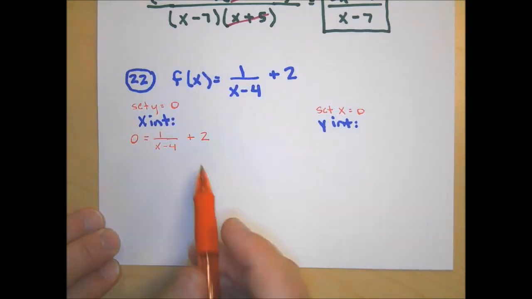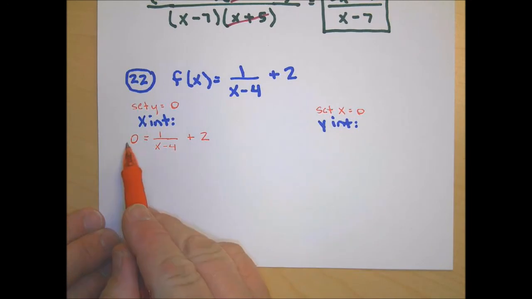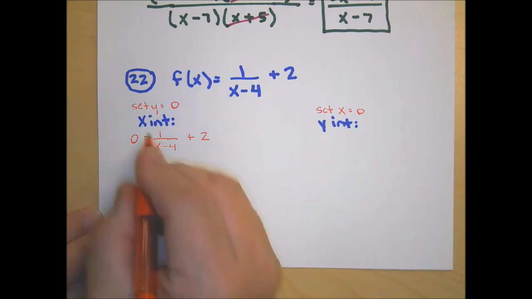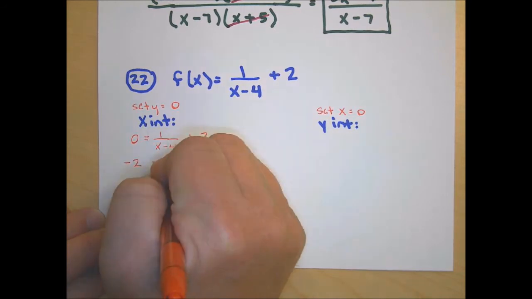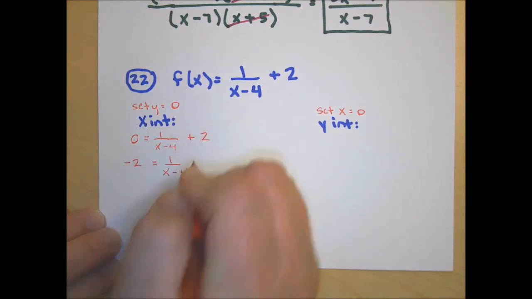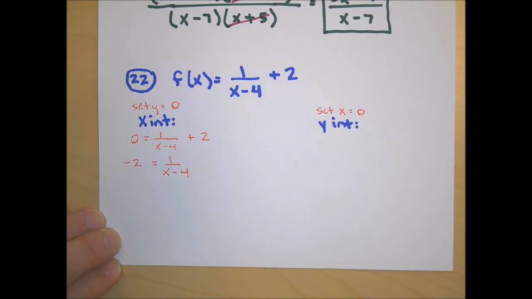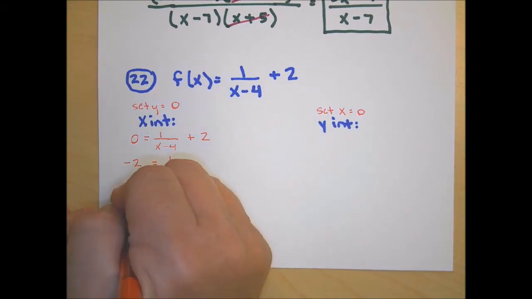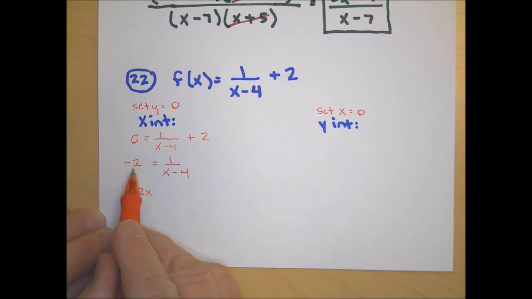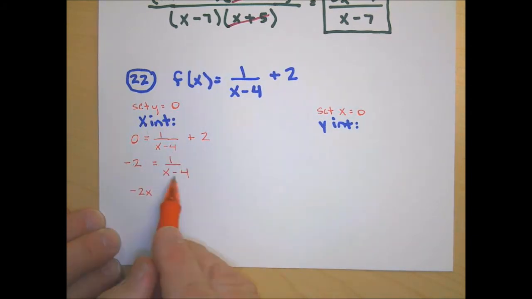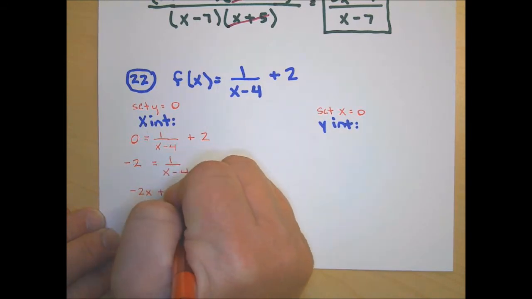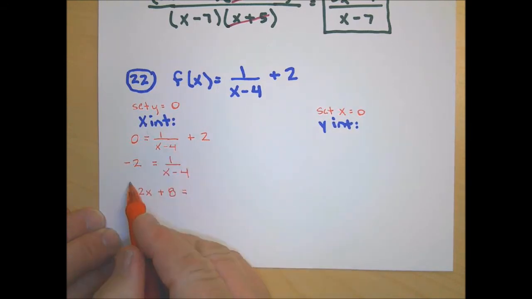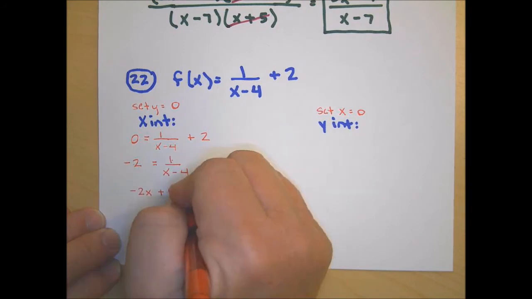Your next step would be take the 2 over to the other side with a subtraction of 2. So we'd have negative 2 equals 1 over x minus 4. Your next step would be cross multiply. So negative 2 times x is negative 2x. But you also have to cross multiply the negative 2 with the minus 4. And you'd get plus 8 equals, if you cross multiply that way, 1 times 1 is 1.